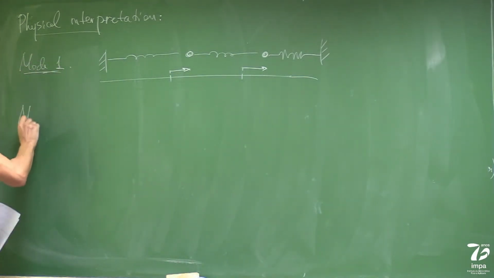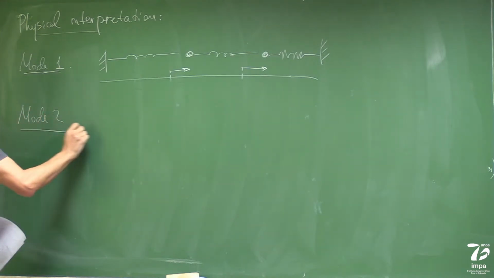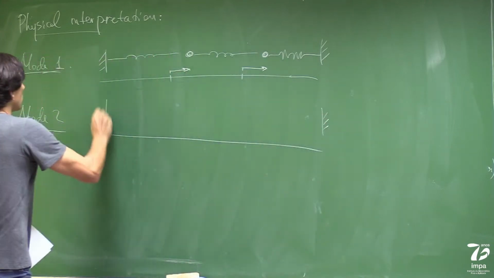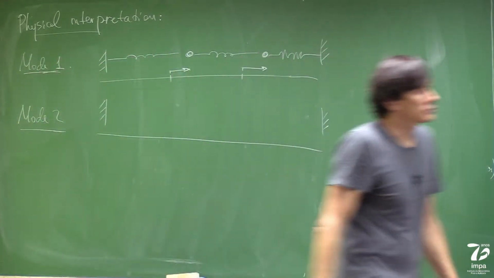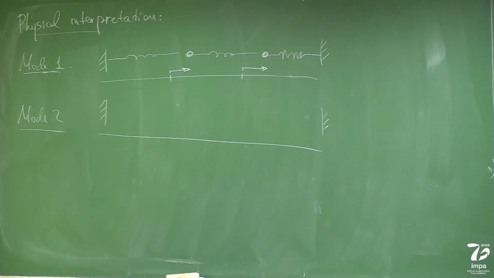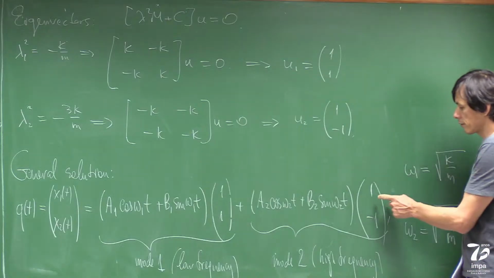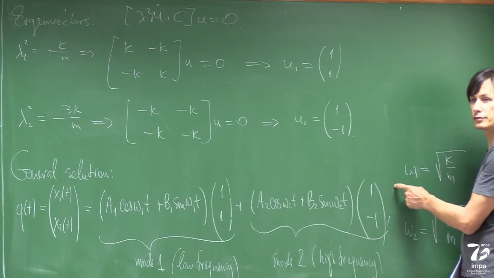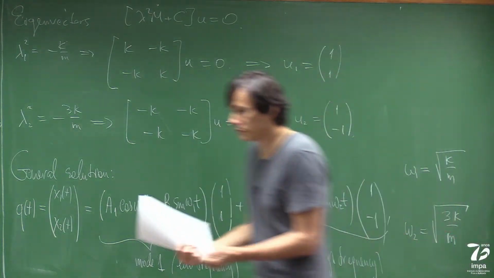So mode 2 is the opposite situation. In mode 2, whenever one mass goes left, the other mass goes right by the same amount, and vice versa. So they move in opposite directions.